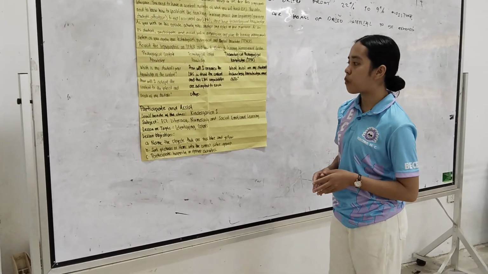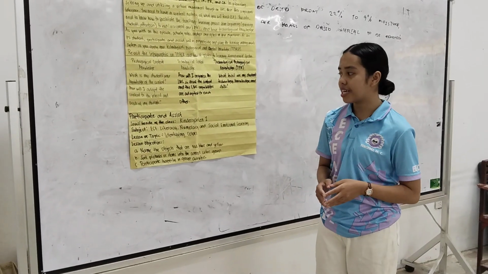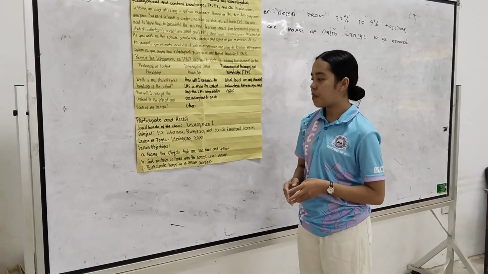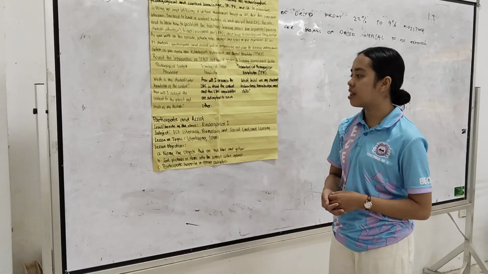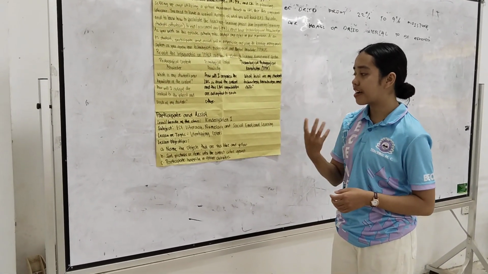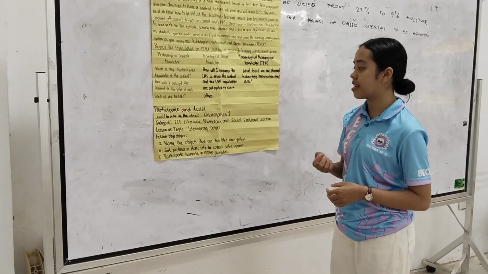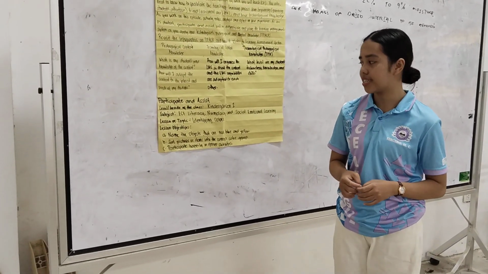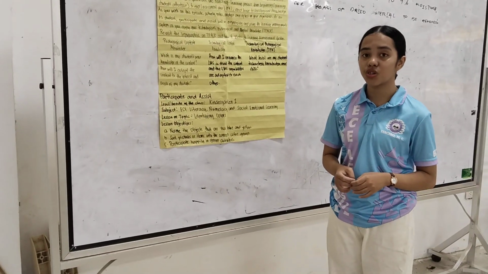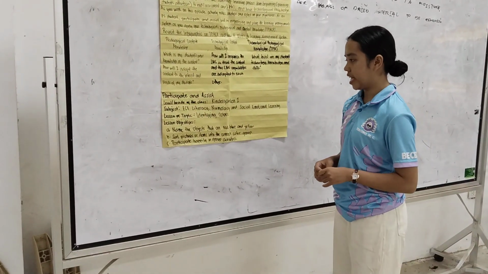So let's move forward to the participate and assist. We observe the level or grade of the class is kindergarten 1 and the subject is early childhood education, literacy, numeracy, and social emotional learning.